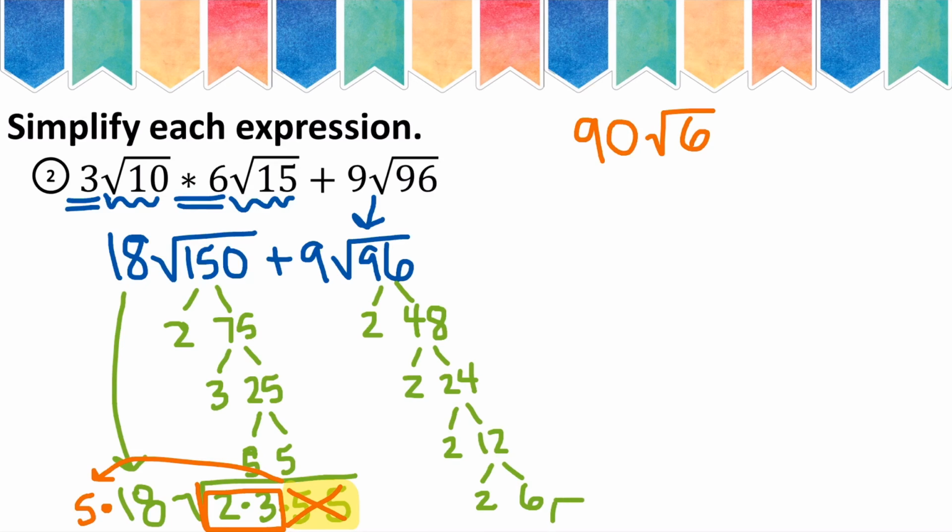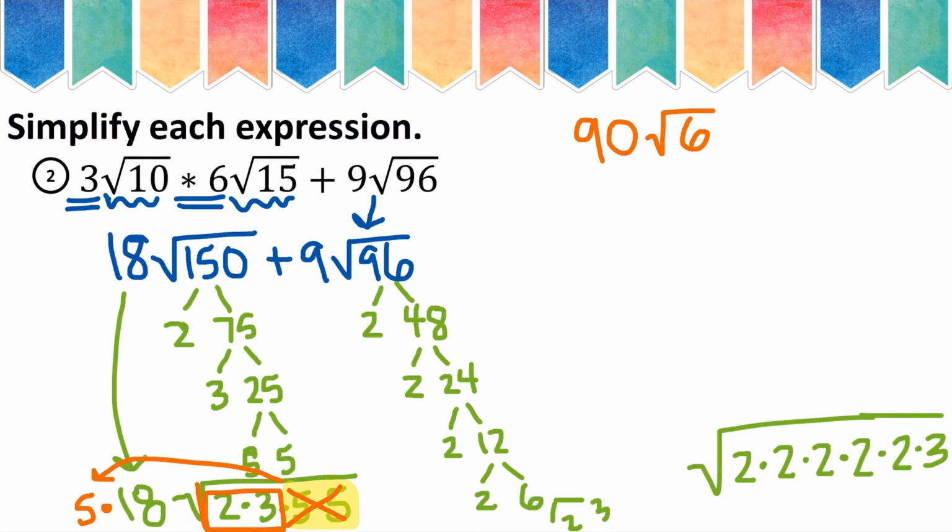And 6 can be divided into 2 and 3. So this could be rewritten as 2 times 2 times 2 times 2 times 2 times 3. And this 9 will have to come down.